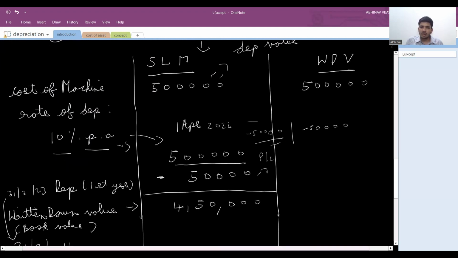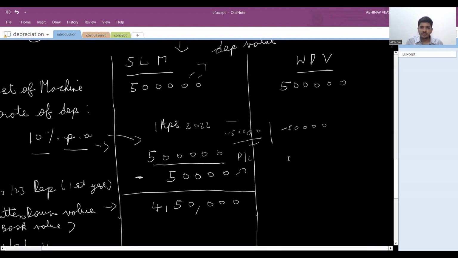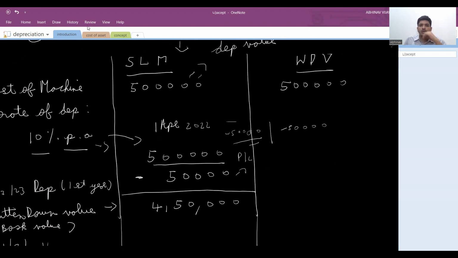Now, let's come to WDV. The only difference in WDV is that the first year is the same. While charging depreciation for the first year, the way to solve under SLM and WDV is the same. Here, you have to calculate 10 percent on 5 lakh rupees.